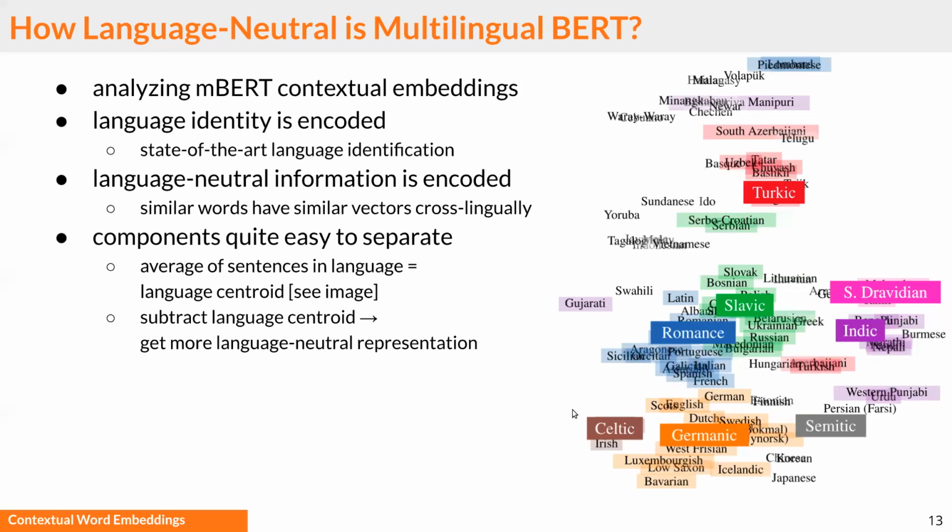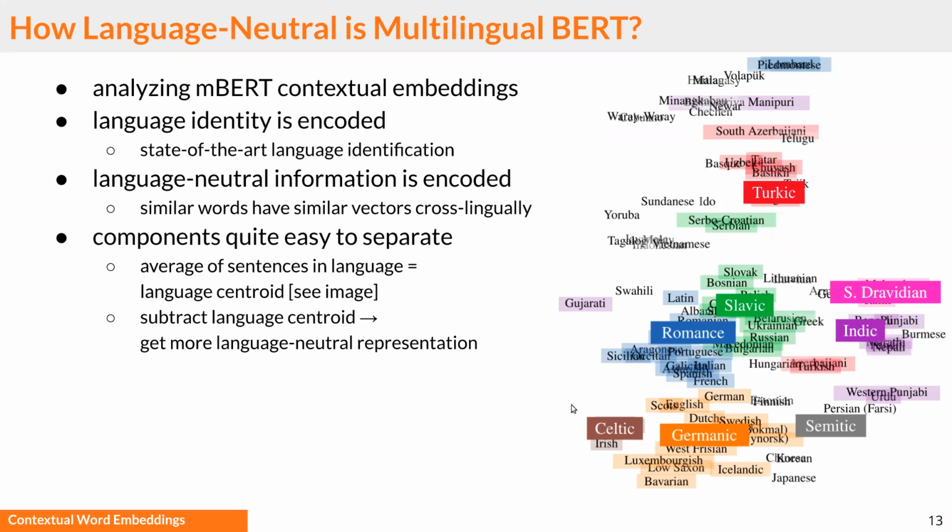So this means that the identity of the language is somehow encoded in the embedding. By the way, it's state of the art for language identification. Somewhere at the beginning, we had the LangID library to identify languages, and using mBERT in this way beats it a bit. Well, the library is also already very good, so there is not much space for improvement, but this one turned out to be slightly better.